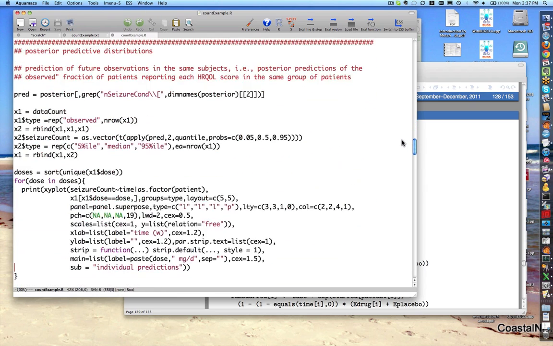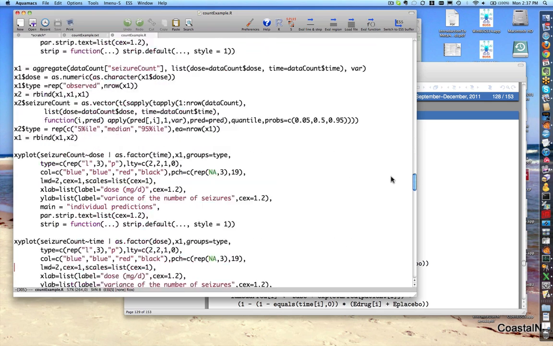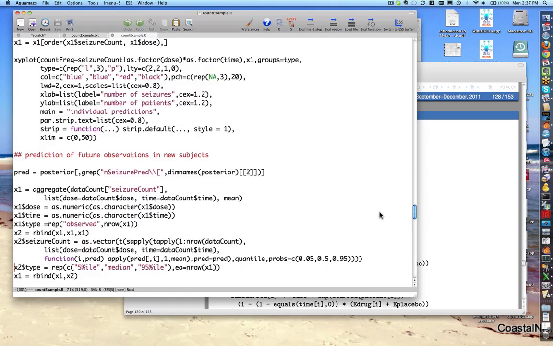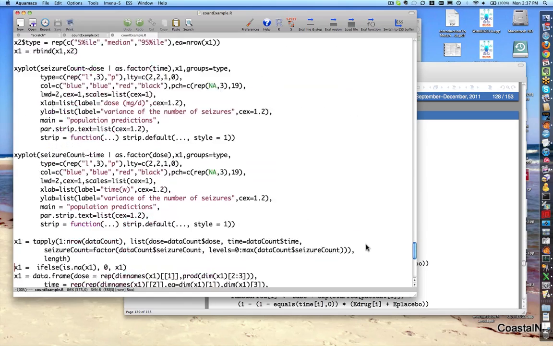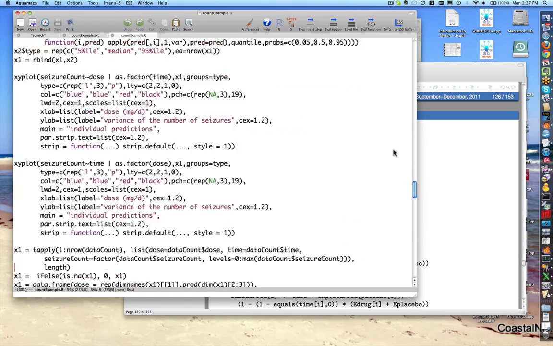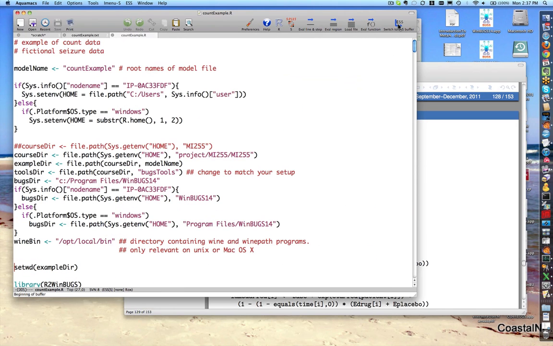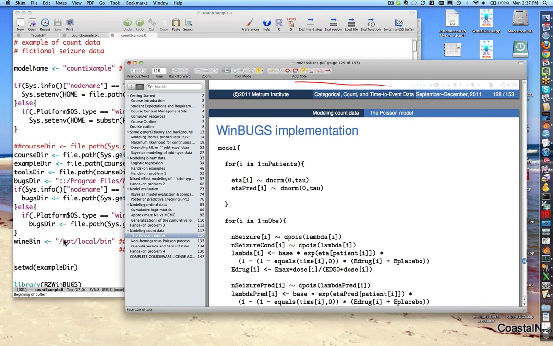Let's see, is there anything interesting going on down here that isn't more than the typical? Probably not. There's maybe a few interesting things going on in terms of some of the posterior prediction plots, and it's probably better to show you the plots than try to go through the plotting program.